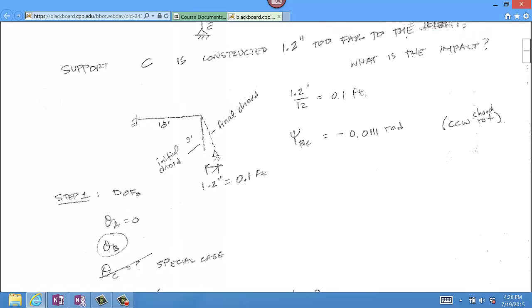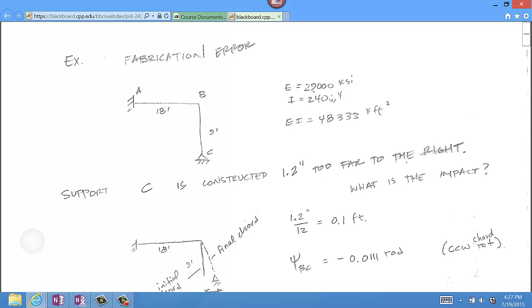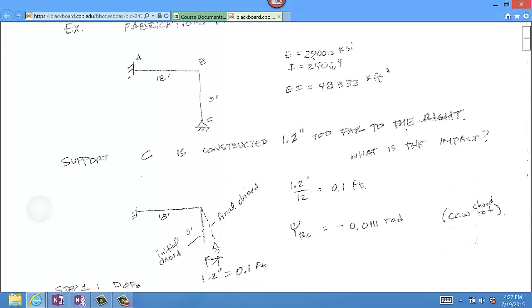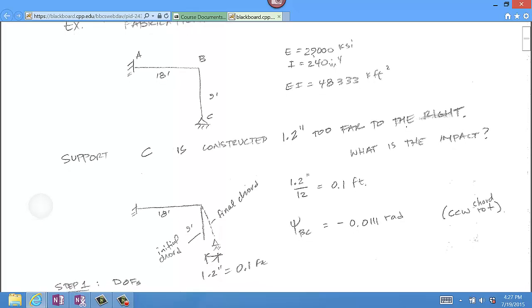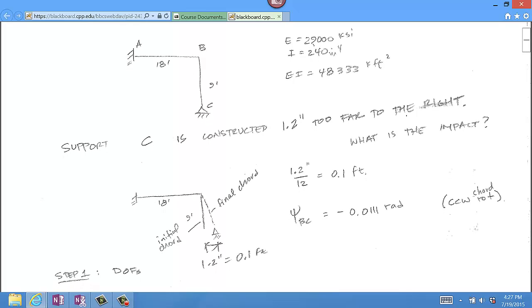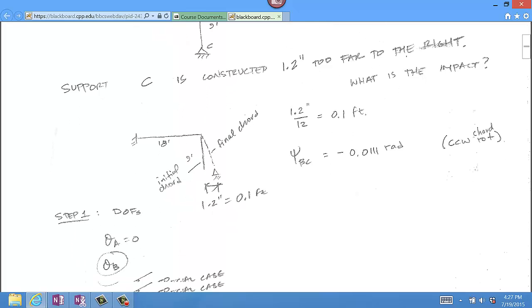Looking at all the other degrees of freedom, we see that theta A, because it's a fixed support without any settlement, is 0. Theta B is an unknown. Theta C is also unknown, but it represents a pin condition for a special case span, so theta C remains out of the solution. Even though it's unknown, we don't consider it.